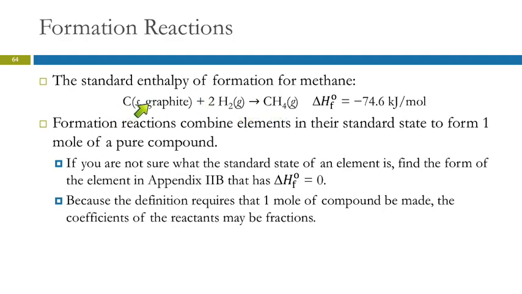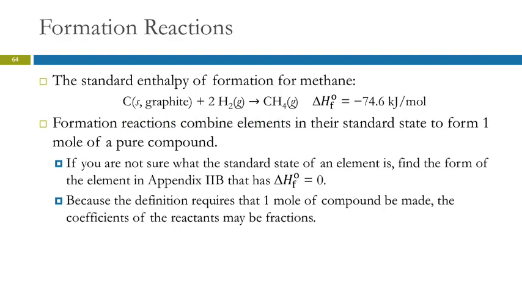That's the most stable form right there, carbon. And hydrogen, its most stable form is H2. And so we need 2 of these, and we'll make the CH4. This is not necessarily representing how that substance is made, but we can describe it this way. So this is a formation reaction for methane.